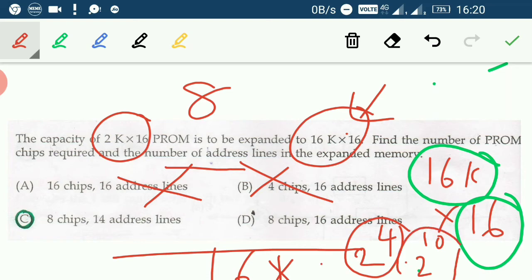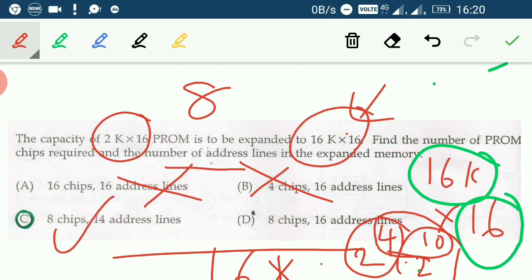I told you already. So how many lines are there in total? In order to represent this many locations, I need 14 lines. So what is the answer? It must be 8 chips and 14 lines.